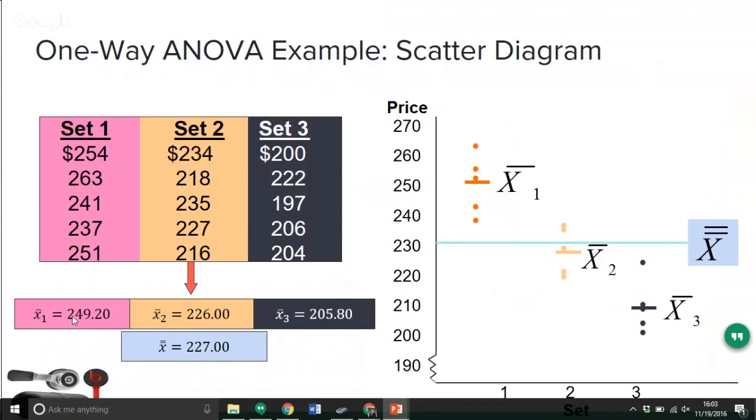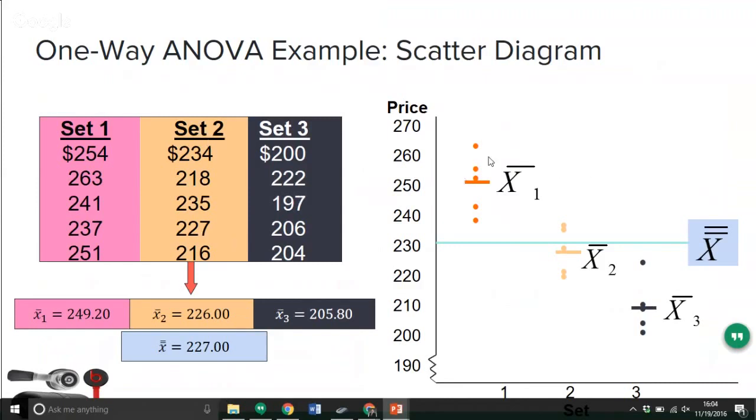Now, if you look, it looks like there's a difference, but is there a difference between 249.20 and 226? Is there a difference between 226 and 205? Is there a difference between 205 and 249? And how does that differ with what we call the grand mean, the mean of means?